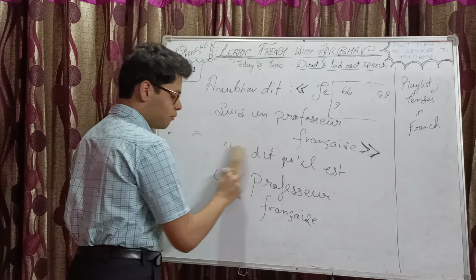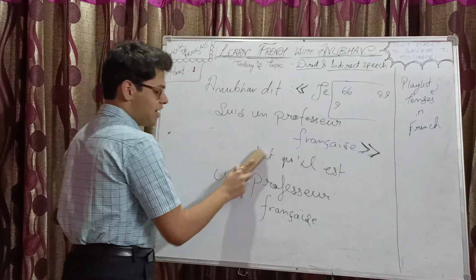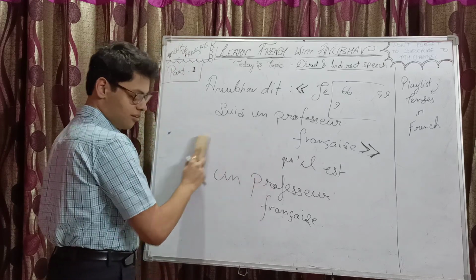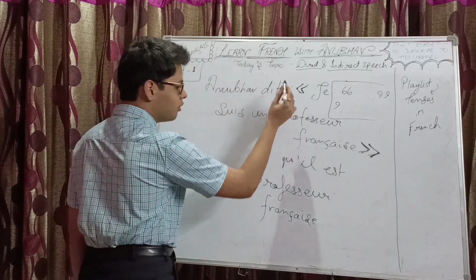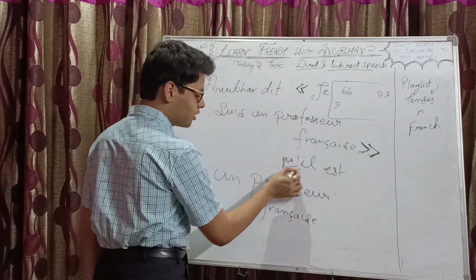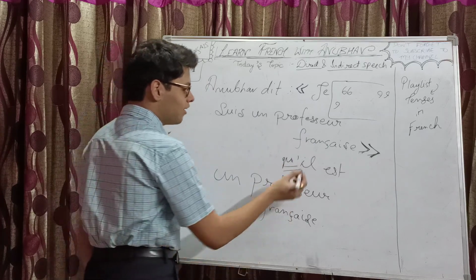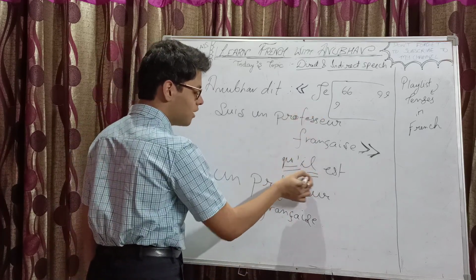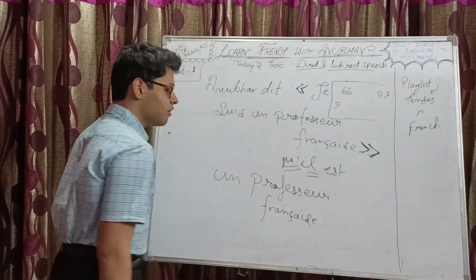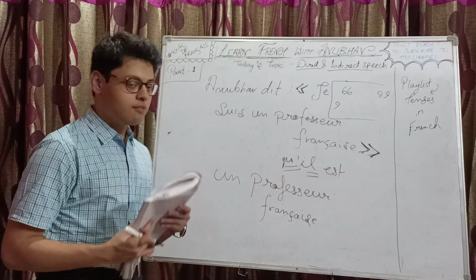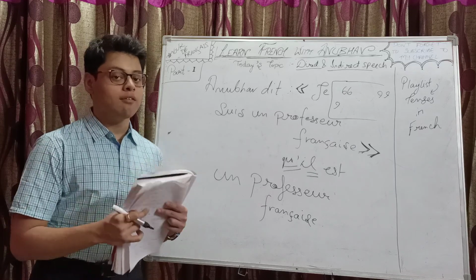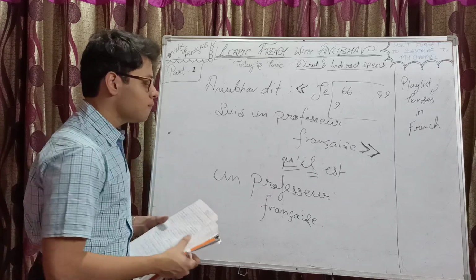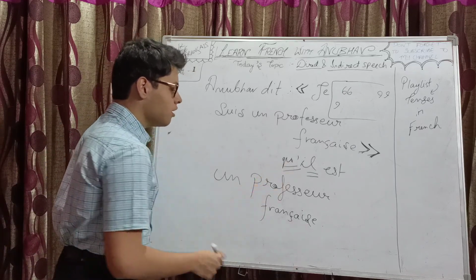One more thing I would like to point out, that while converting from direct to indirect, in place of this colon we got que, and in place of je it became il. So the second point we will be discussing shortly, but one point which I would like to discuss right now is that when we are converting from direct to indirect, we do it by putting que in between. Que is what?